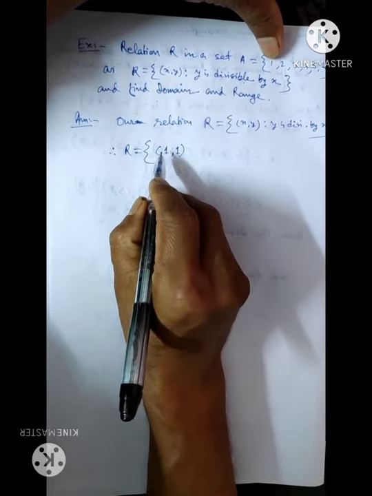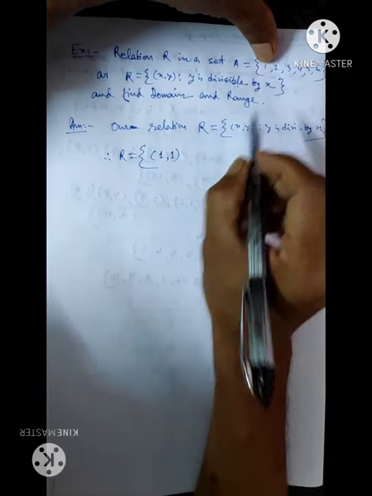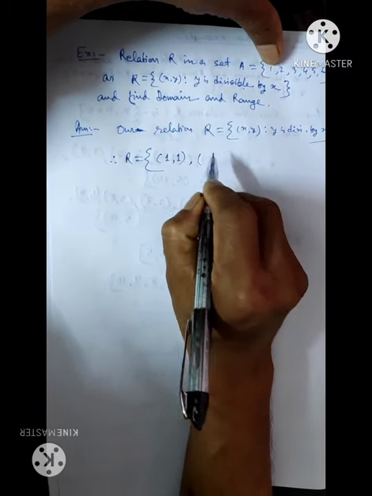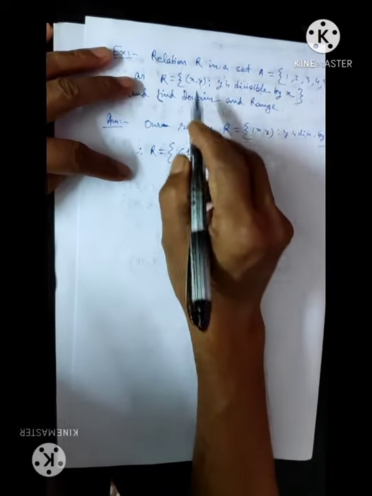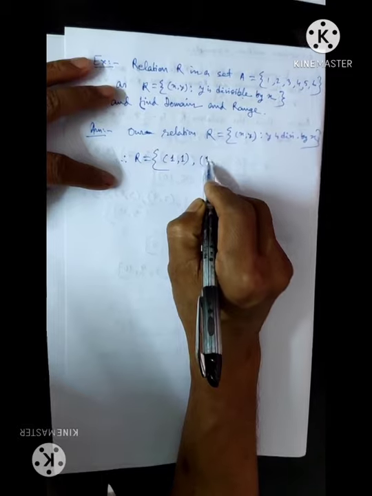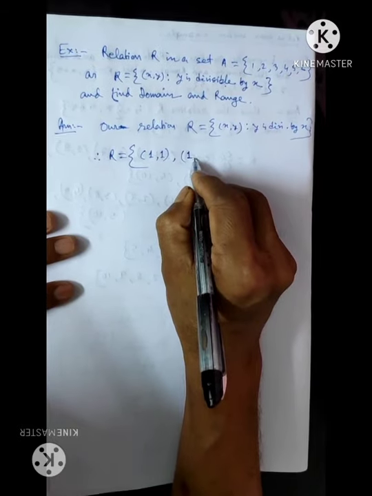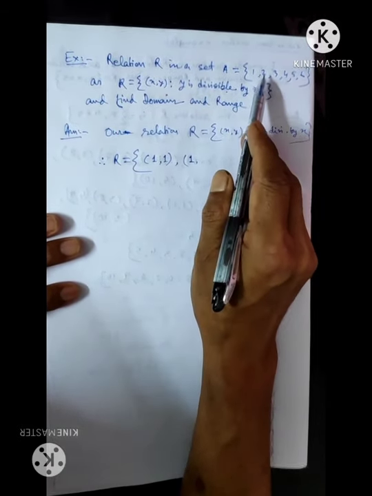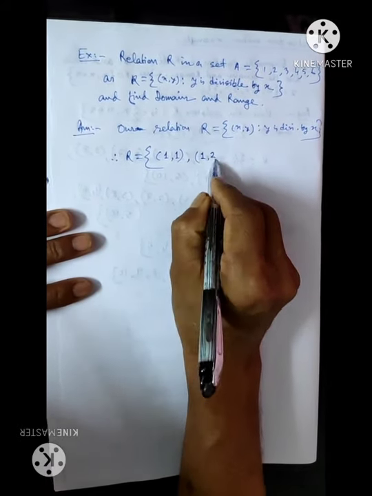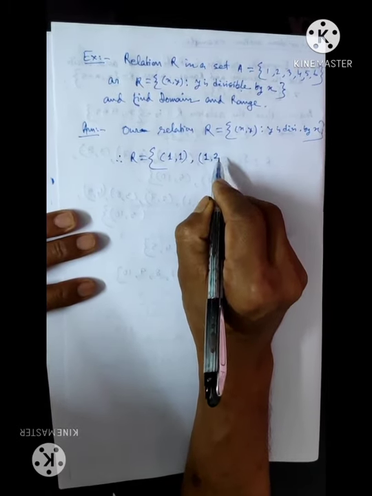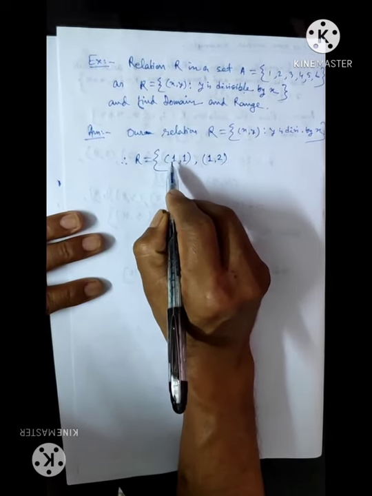Next, the first element is 1 and the second element is 2, because 2 is divisible by 1. The 2 is the image of 1.